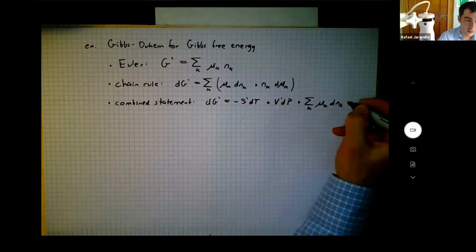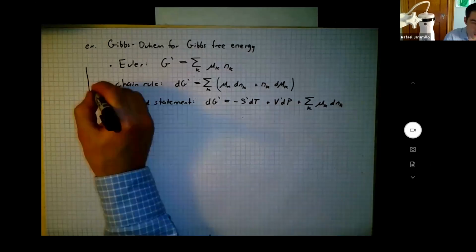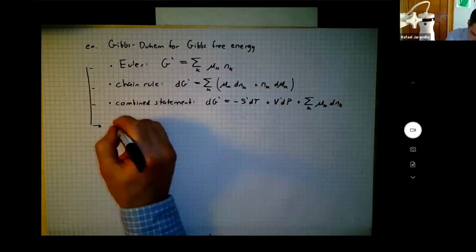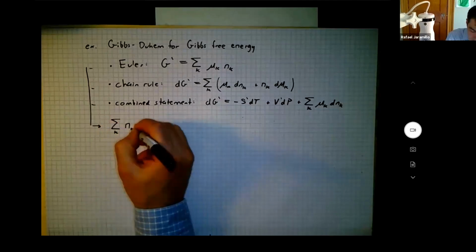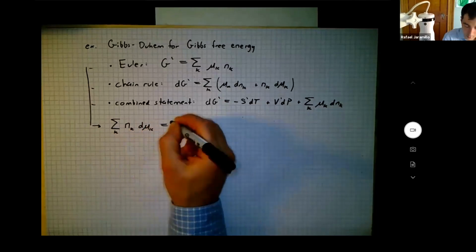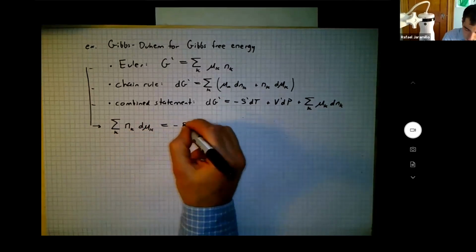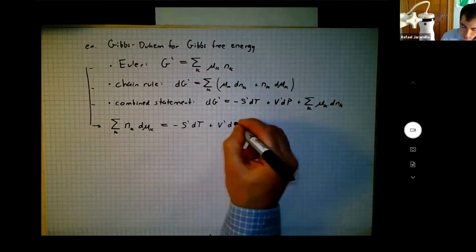And I'm going to use these, and I get the following. n of k d mu of k equals minus S dT plus V dP.